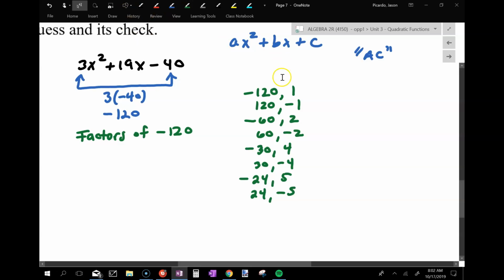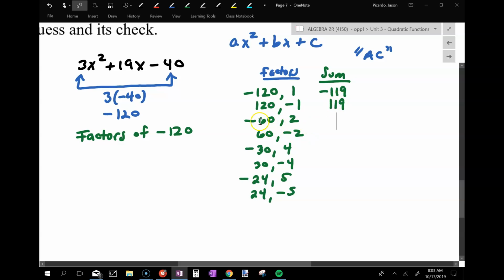So if I now take these, ready? These are all the factors. Now I want to find the sum of all of these things. So guys, if I added these two numbers together, it's going to be negative 119. If I added these two numbers together, what am I going to get? Positive 119.